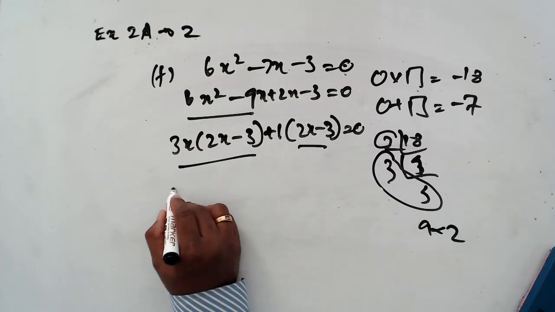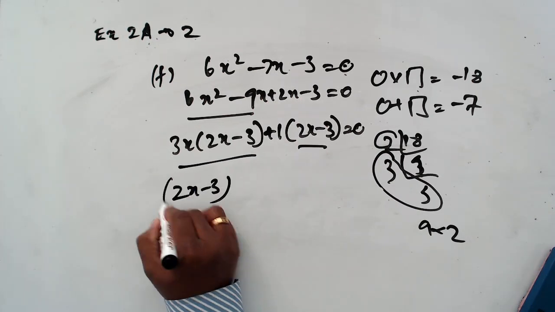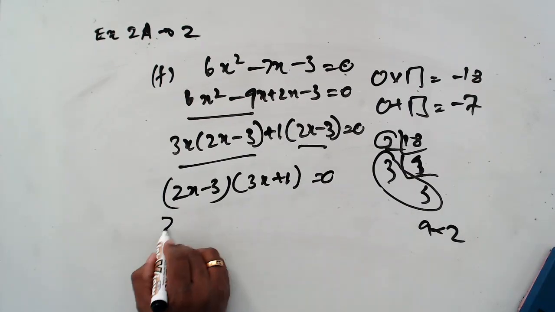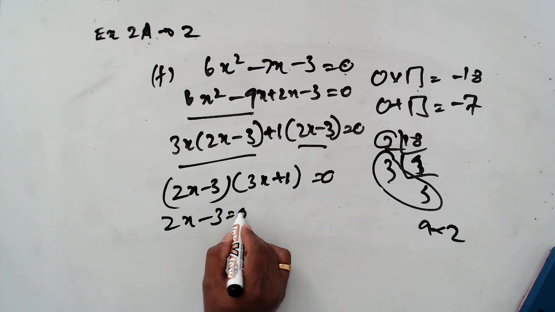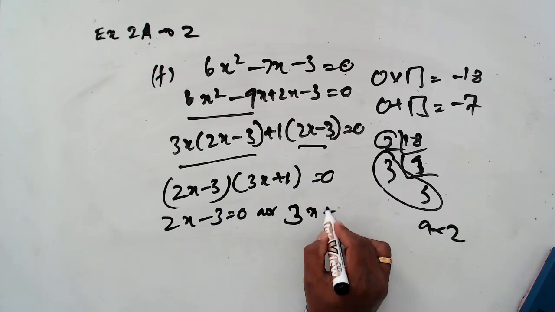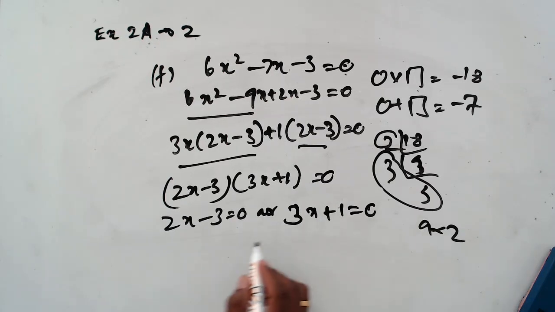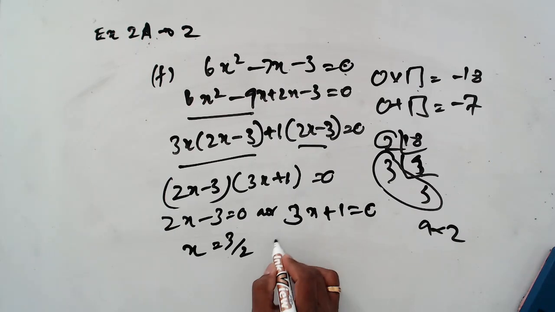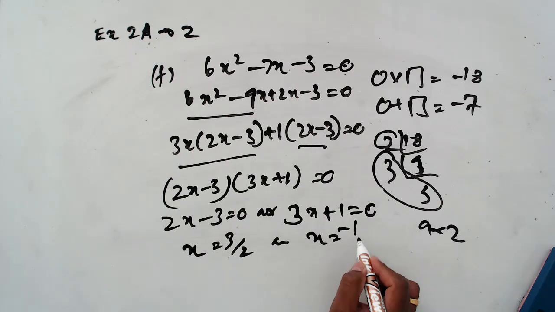From here 2x minus 3 is common. This is 3x plus 1 remaining. 2x minus 3 equals 0 or 3x plus 1 equals 0. So x equal 3 over 2 or x equal minus 1 over 3.